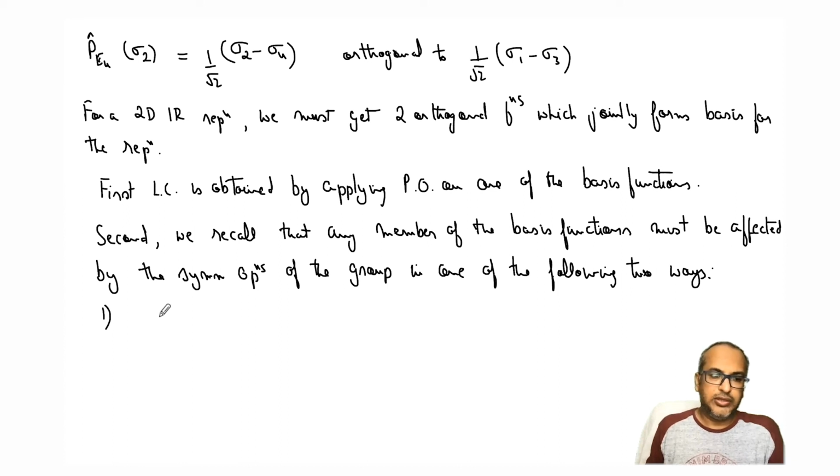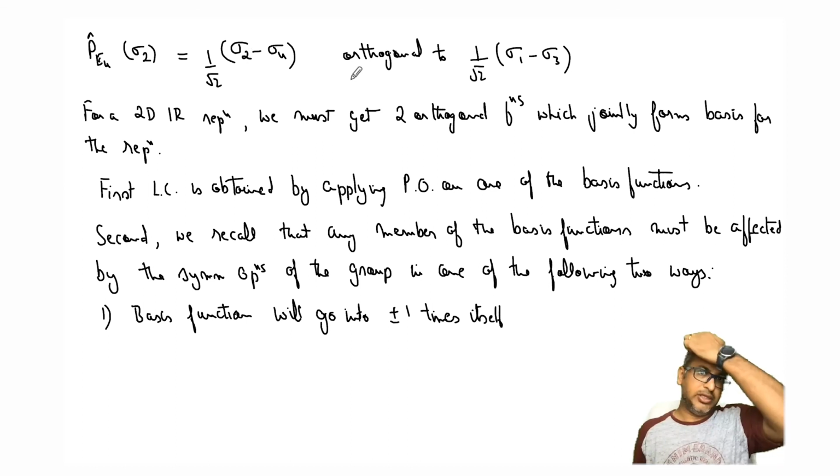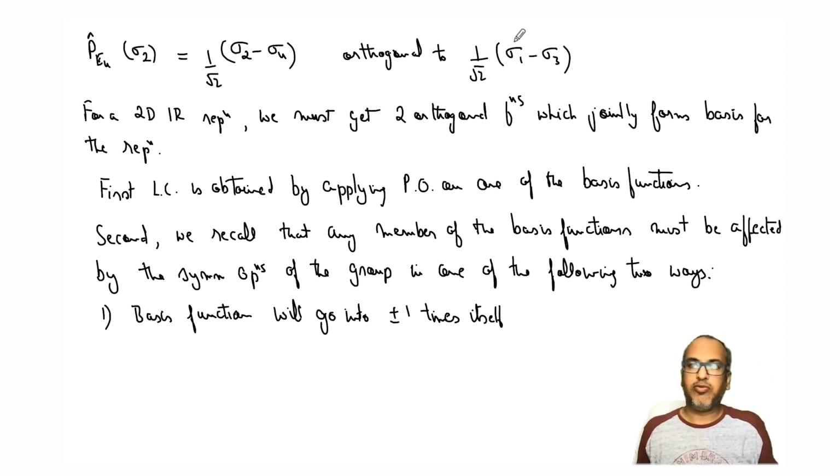The first is the basis function will go into plus or minus 1 times itself. That means if you apply the symmetry operations onto sigma 1, you will get either plus sigma 1 or minus sigma 1.